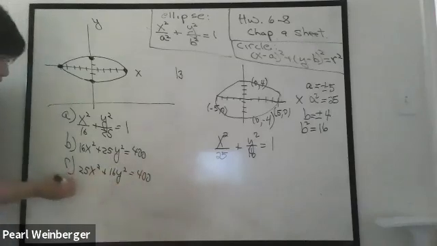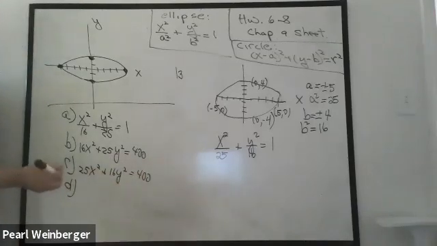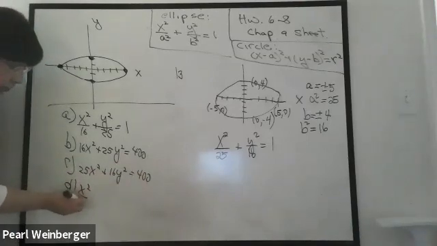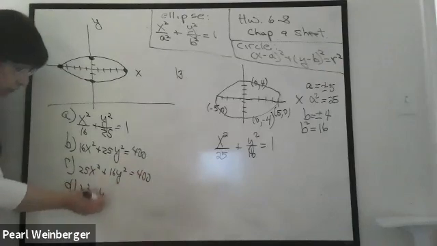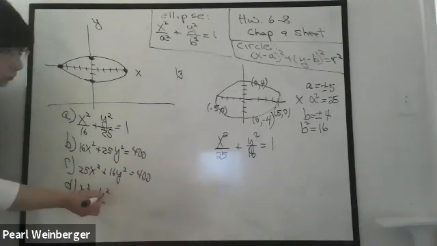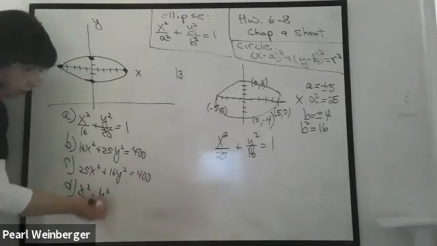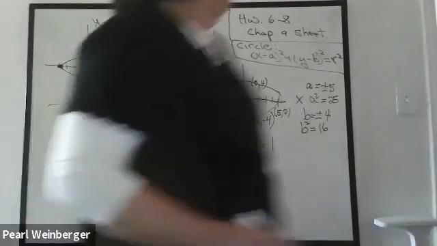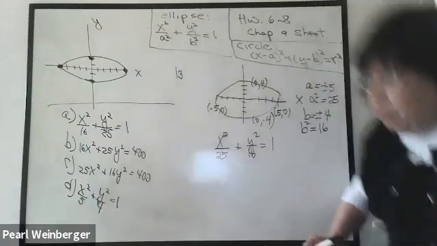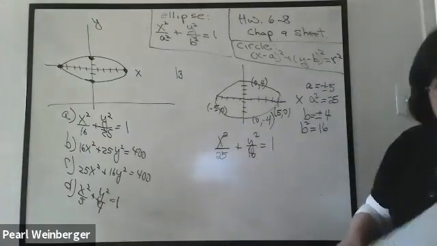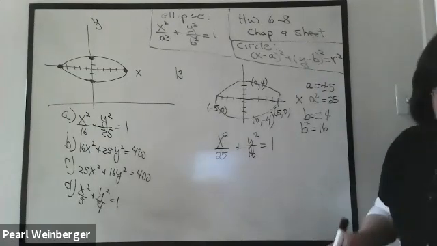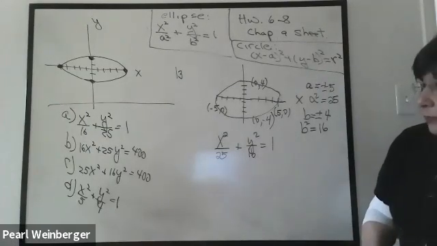And suppose for choice D, I give you x squared over 5 plus y squared over 4 equals 1. And I look at all these choices, and not one of them matches the answer that I gave you. How am I going to figure out which is the correct answer?